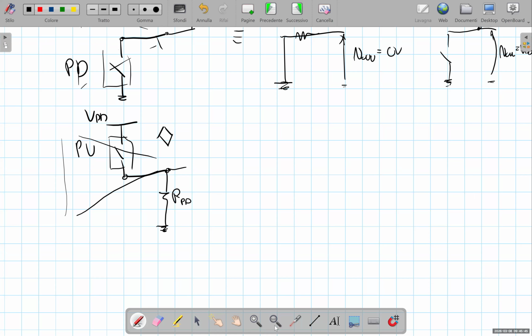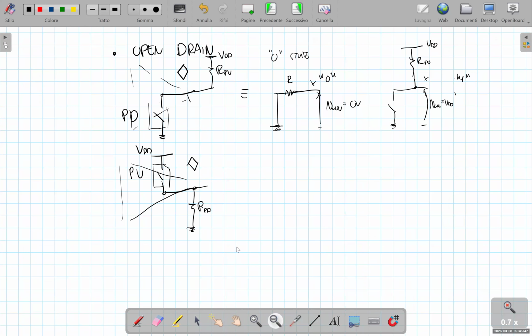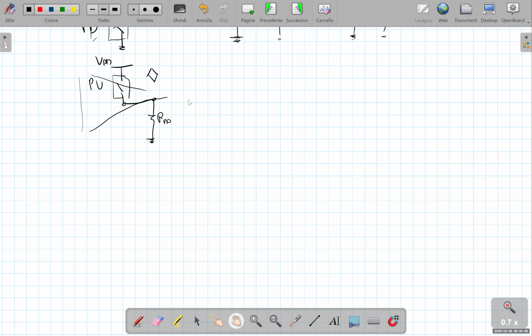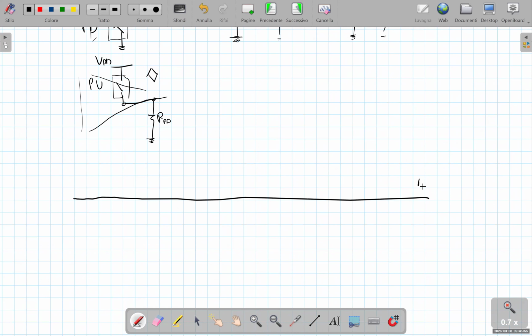Actually, it's quite straightforward to observe that there is no problem in connecting open drain gates to the same shared interconnect, that is, to a bus.